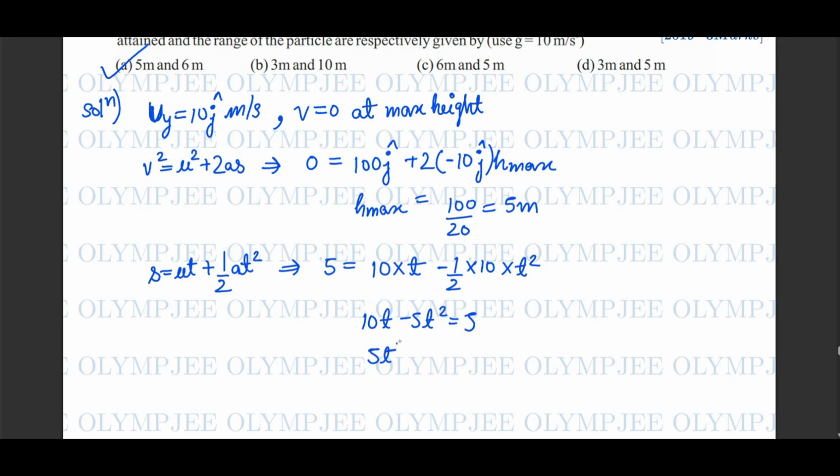So 5t square minus 10t plus 5 is equal to 0, which gives us t square minus 2t plus 1 is equal to 0, which is the square of t minus 1. So t comes out as 1 second.